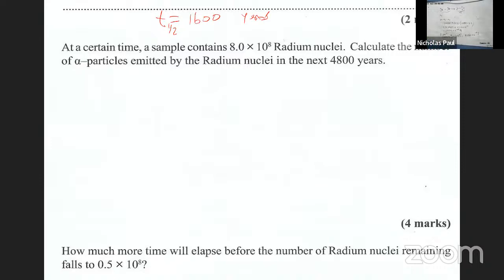Right, question after the number of alpha. So every radium that decays gives you one alpha. For every radium, sorry, produces one alpha.